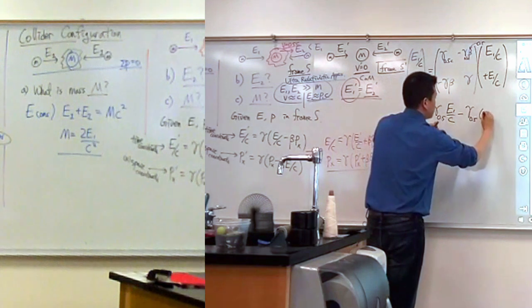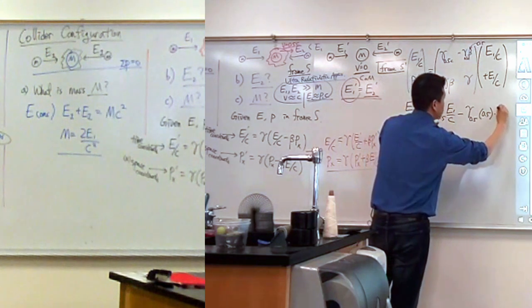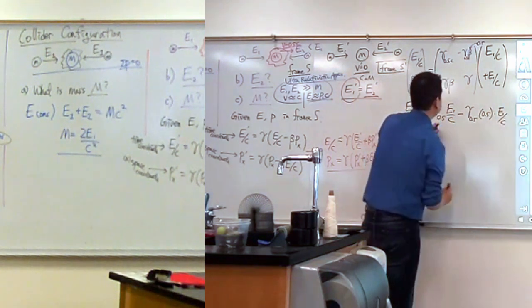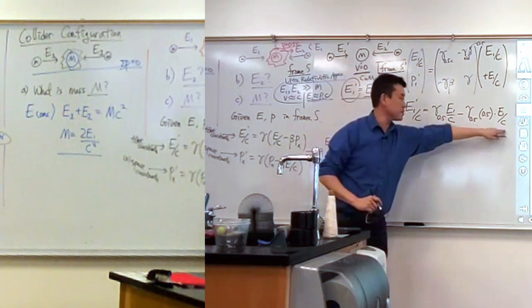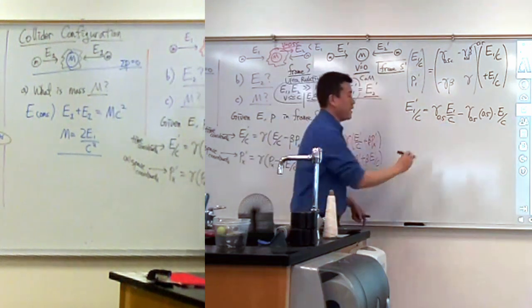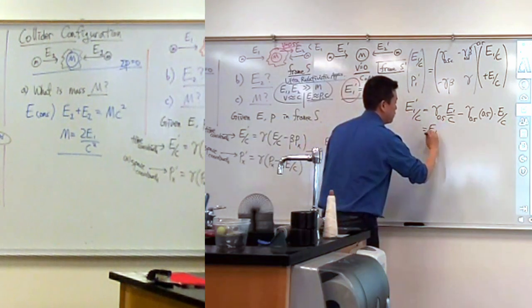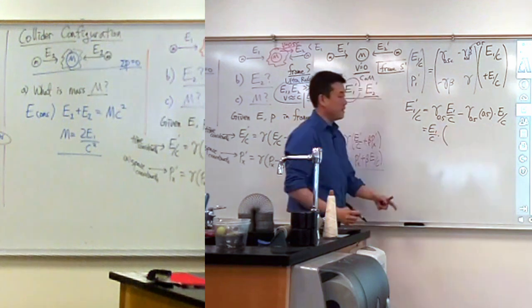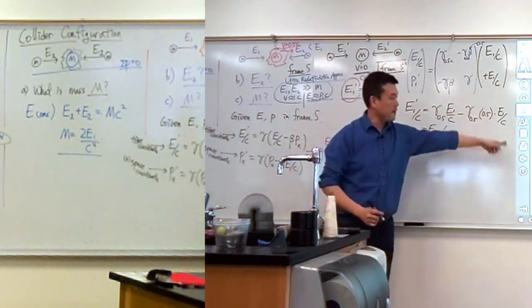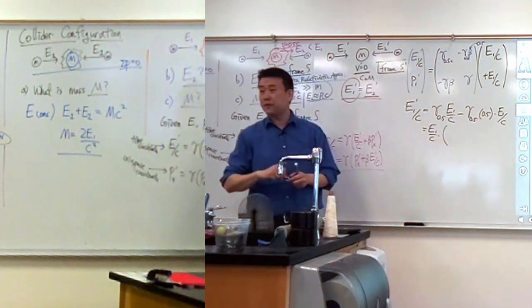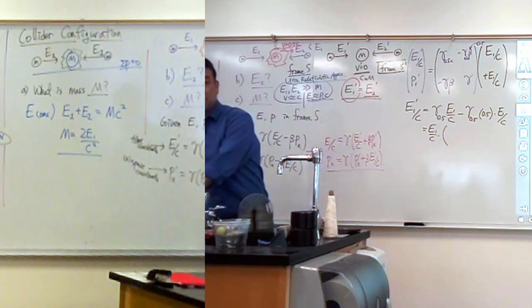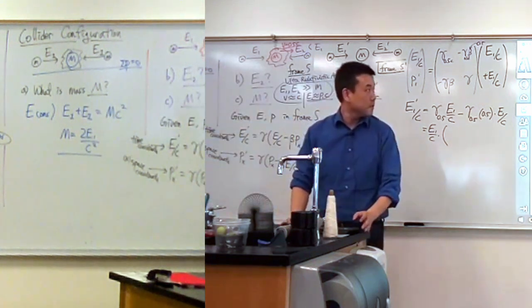So beta would be just 0.5 times E1 over C. So I have E1 over C on both sides. Let's factor it out. E1 over C times, and I have gamma minus gamma beta. Let me just work out what the numerical factor of that is, and just plug that in. That'll be easier.